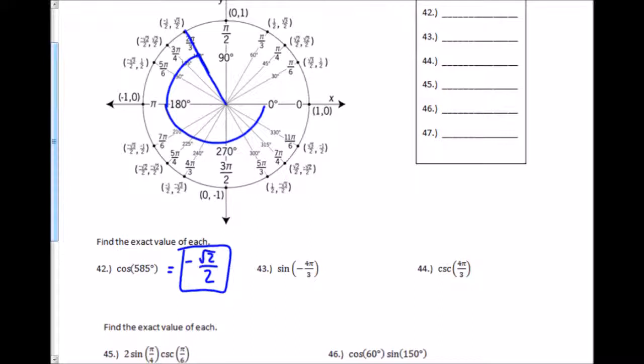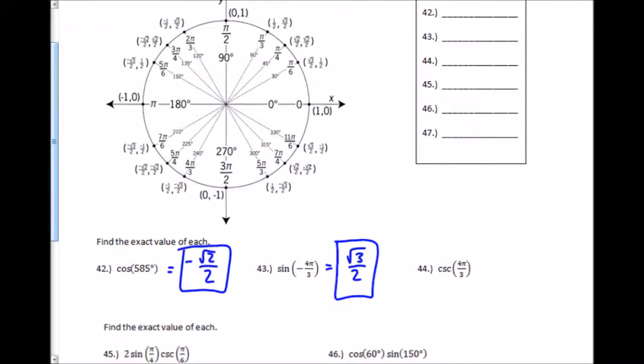But now I look at the y value. So that's going to be root 3 over 2. Okay? And that's it. The other thing you can do is just remember that the sine of 4/3 pi, which is right here, is a negative root 3 over 2. The sine of negative 4/3 pi is the opposite. Mine would be a positive root 3 over 2.